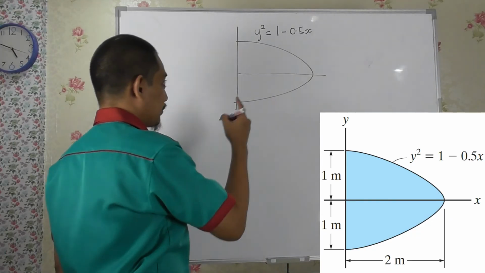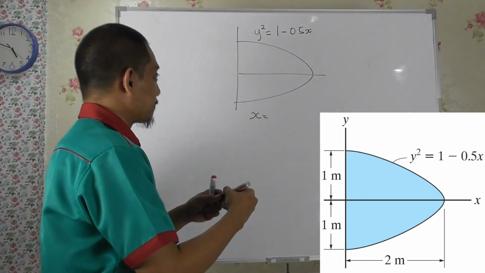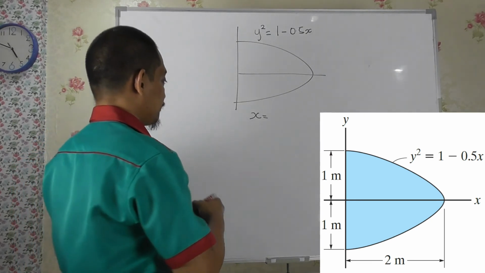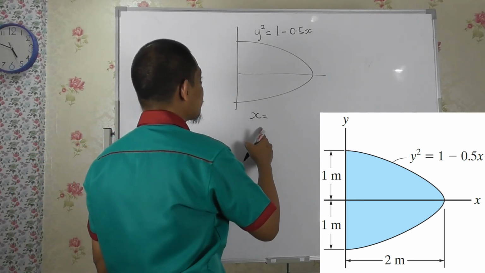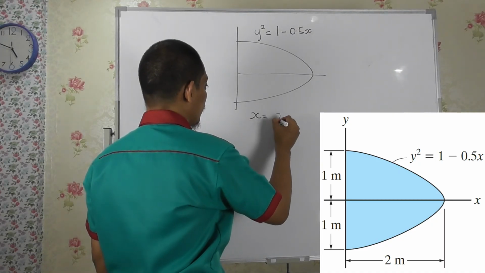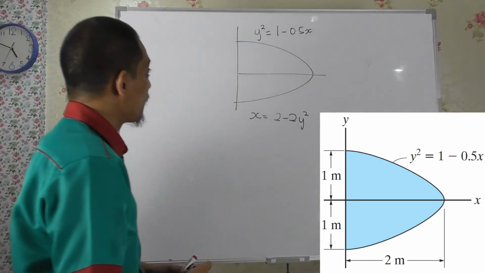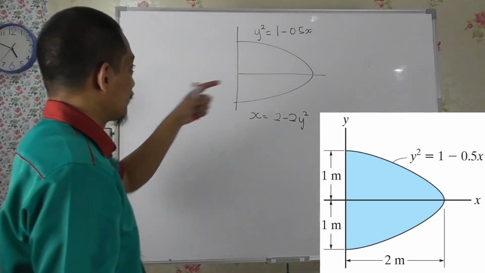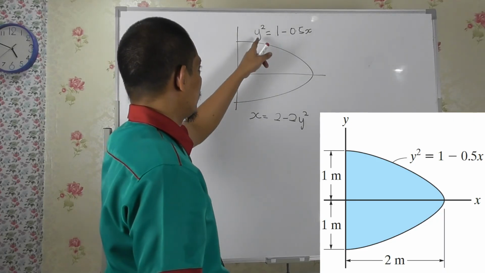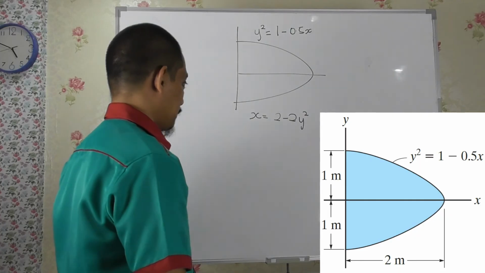If you express x in terms of y, it will be x equals what? 2 minus 2y squared, because it's 1 minus y squared multiplied by 2, giving 2 minus 2y squared.